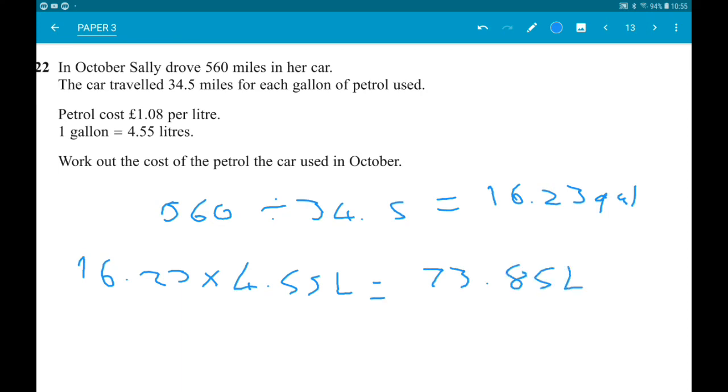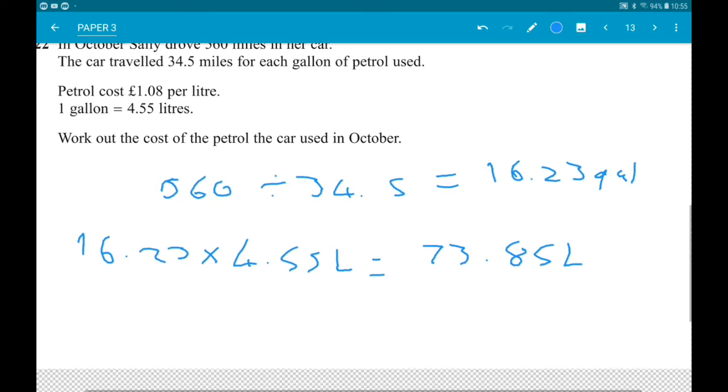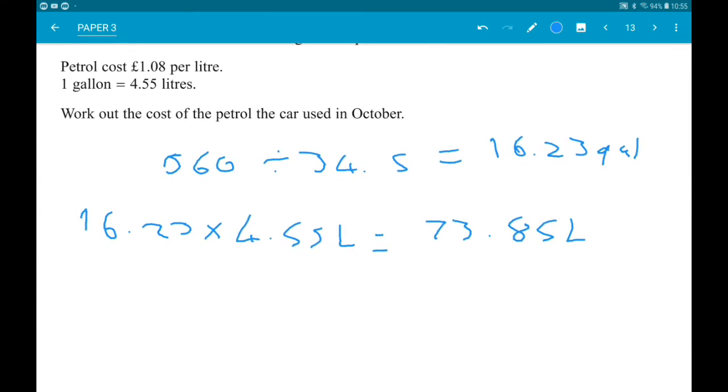So that's now litres. Every one of those costs £1.08. So we now do 73.85 times 1.08, and that gives us £79.76.